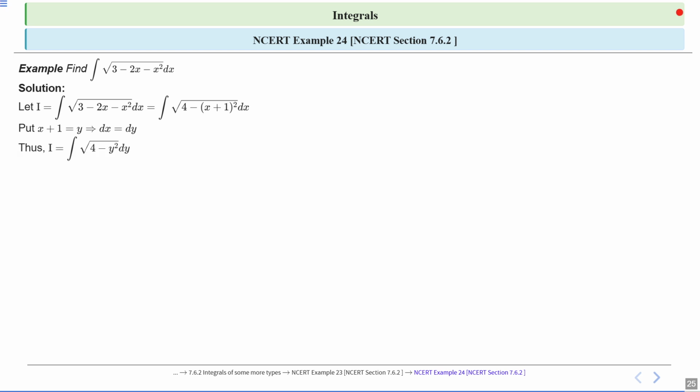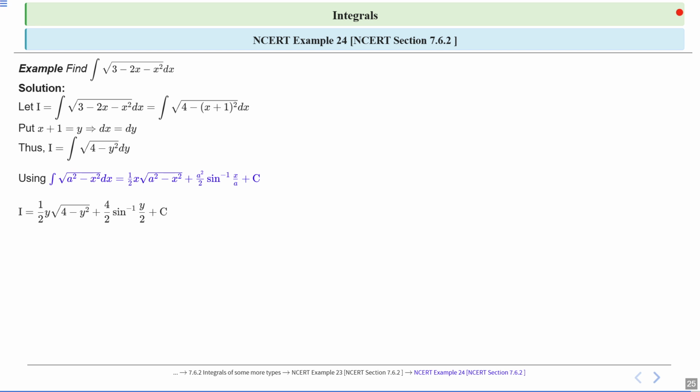We get I is equal to integration of root under 4 minus y square dy, and 4 can be written as 2 square, so it becomes integration of root under 2 square minus y square, and it is of the form integration root under a square minus x square dx, and we know the formula for it, and that is x by 2 root under a square minus x square plus a square by 2 sine inverse x by a plus constant of integration.